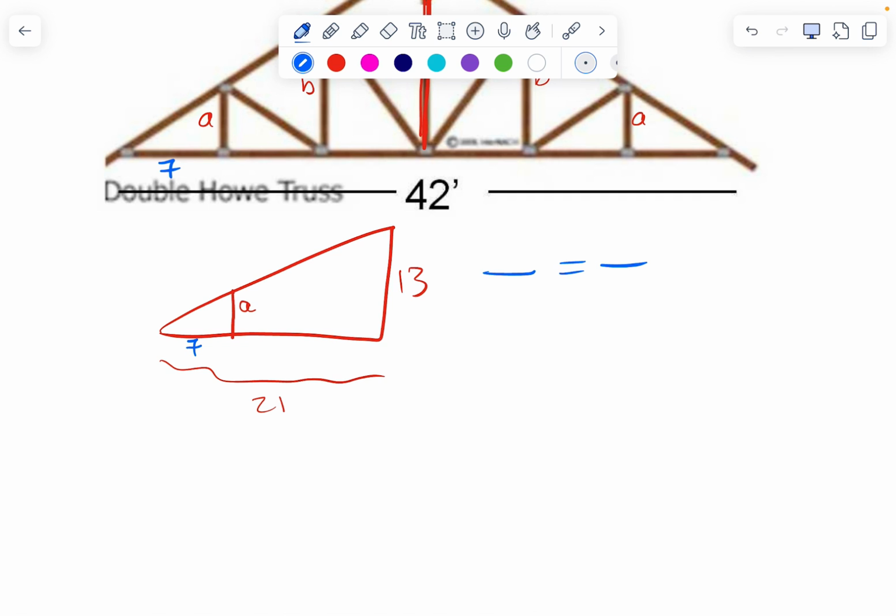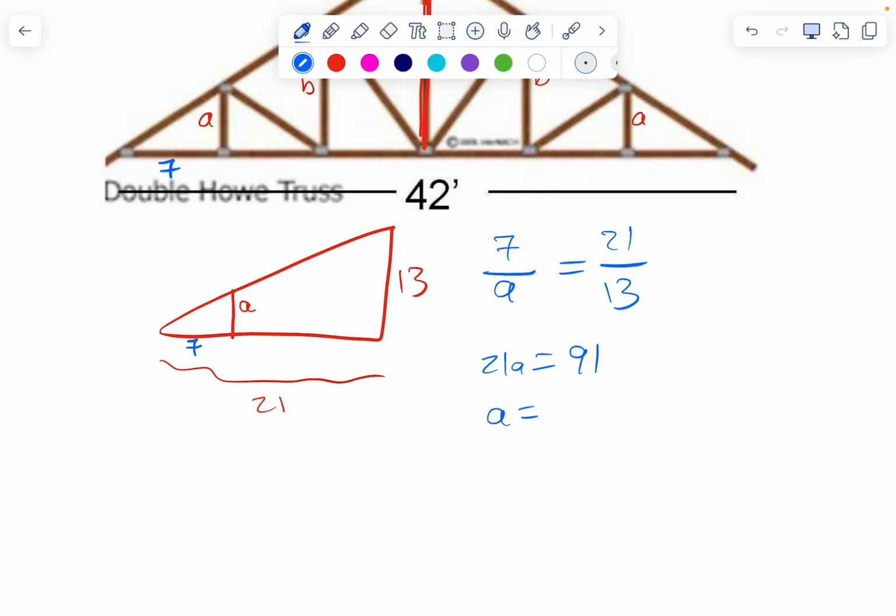You guys just rated yourselves out of 5, 4 or 5 on the sheet, right? This is easier than the sheet because there's really only numbers and one letter, one variable. Everybody agree? Okay. So 7 times, let's do 21A, and then 7 times 13 is 91.